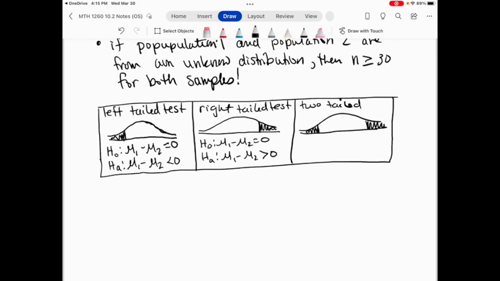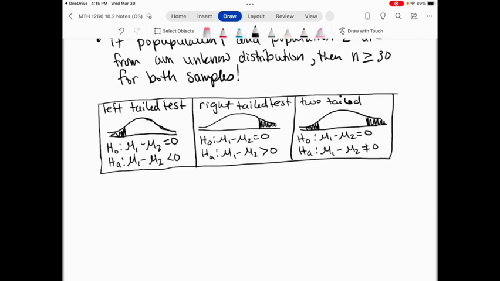And for two-tailed, we're going to have this picture. The null is going to be mu1 minus mu2 is equal to 0. And the alternative will be mu1 minus mu2 does not equal 0. So that's the case where you're just looking to see that they're different.